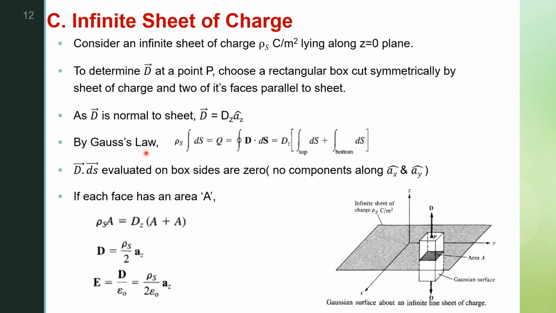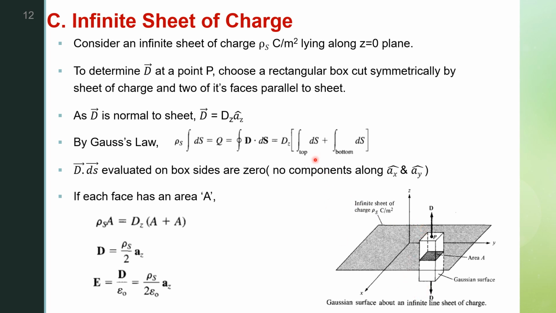By applying Gauss's law, we get the total charge enclosed, that is rho s integral dS, is equal to the closed integral D dot dS, that is equal to Dz into integral, we have a top face and we have the bottom face.